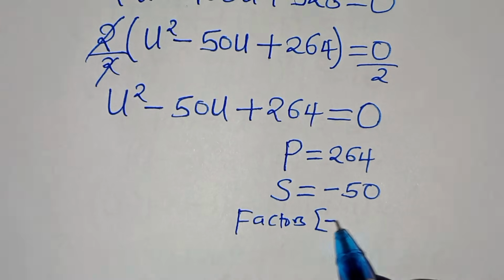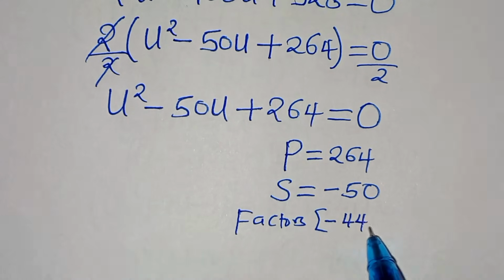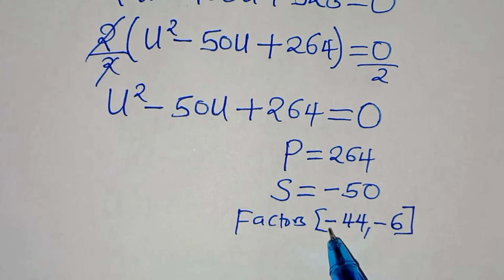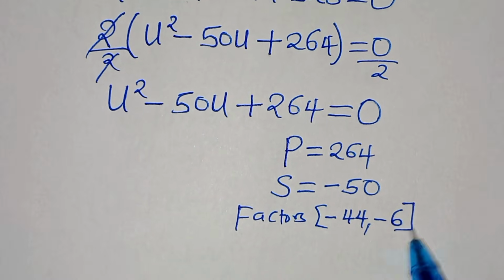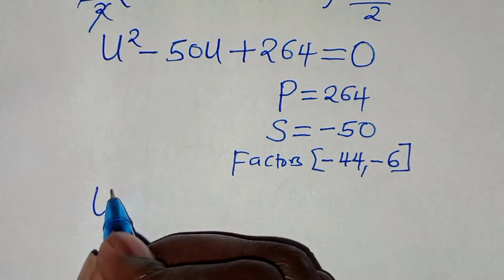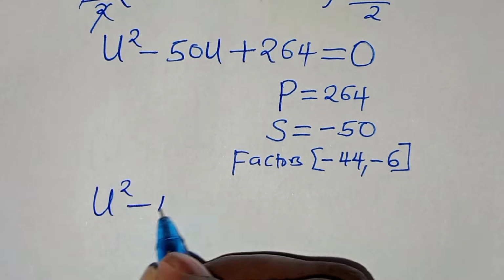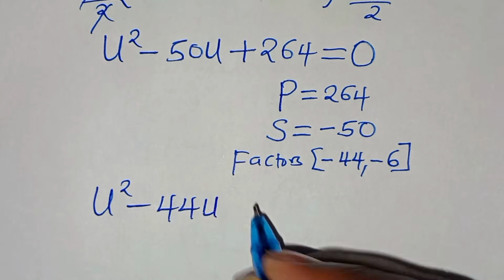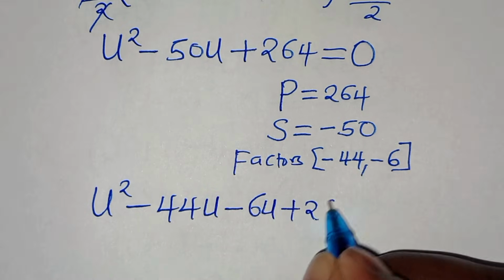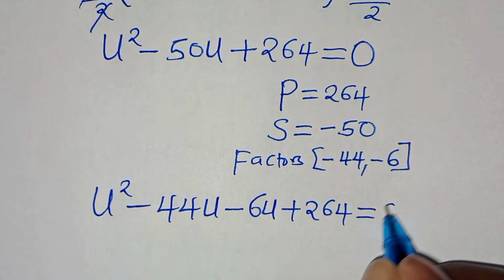If we sum these two factors, we get a value of minus 50. So these factors are minus 44 and minus 6. And this implies that we have u to the power of 2 minus 44u minus 6u, then plus 264. This is equal to 0.